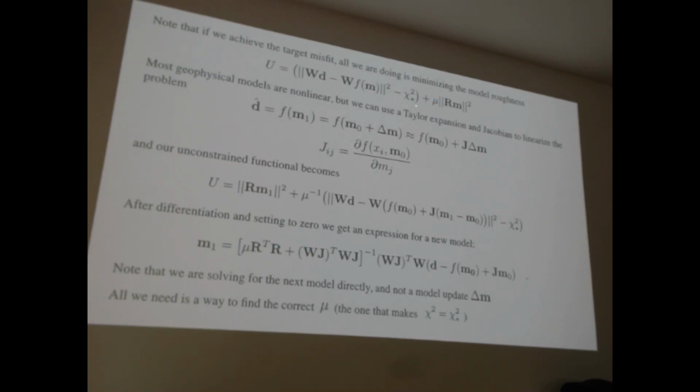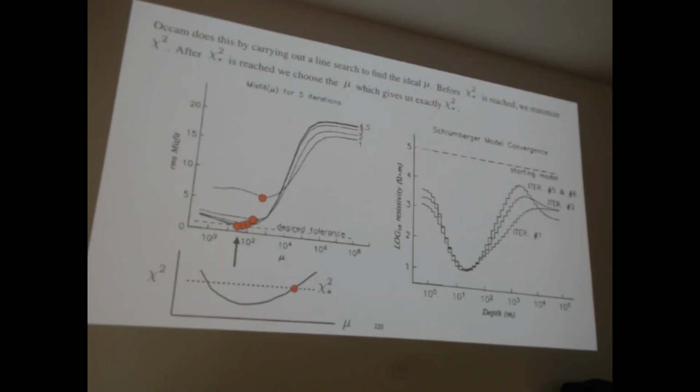You notice that my target misfit has disappeared from this because it's a constant, and when you differentiate, it goes to 0. So the trick here is to find this number mu so that the misfit is equal to the one you want. And that's the basis of Occam inversion.